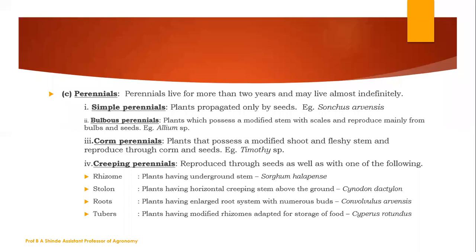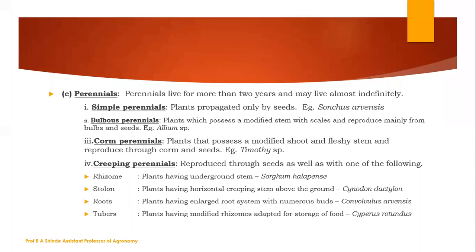The simple perennials are propagated only by seeds, for example Sonchus arvensis. Then the bulbous perennials are plants that possess a modified stem with scales and reproduce mainly from bulbs and seeds. Example, Allium species, that is, wild onions.